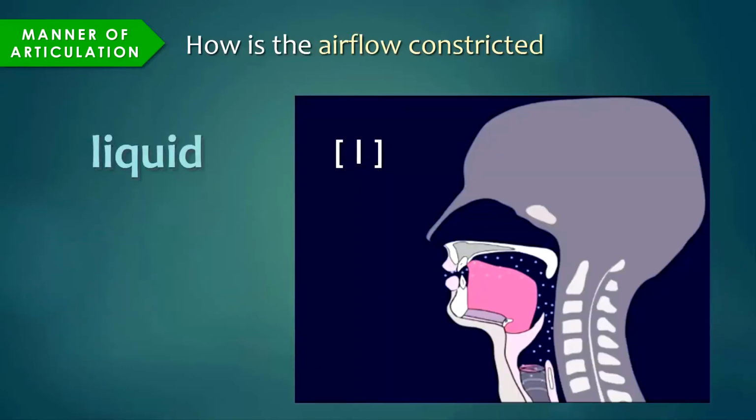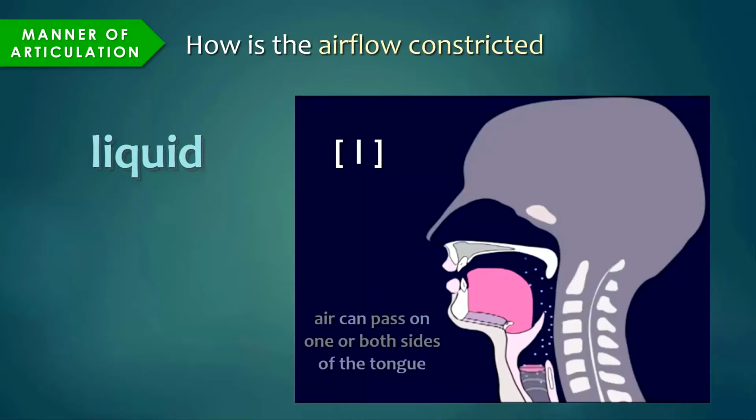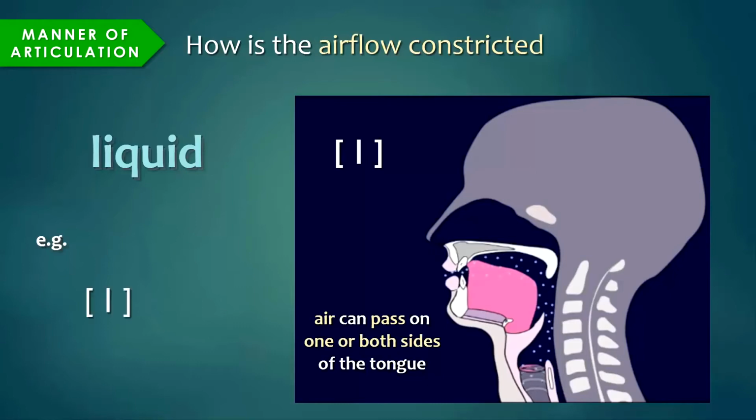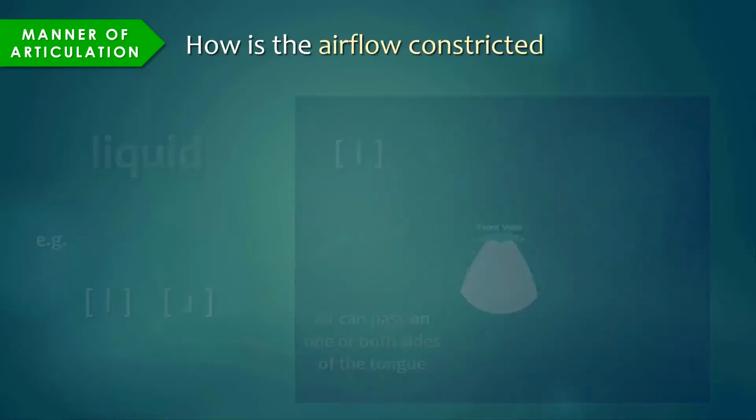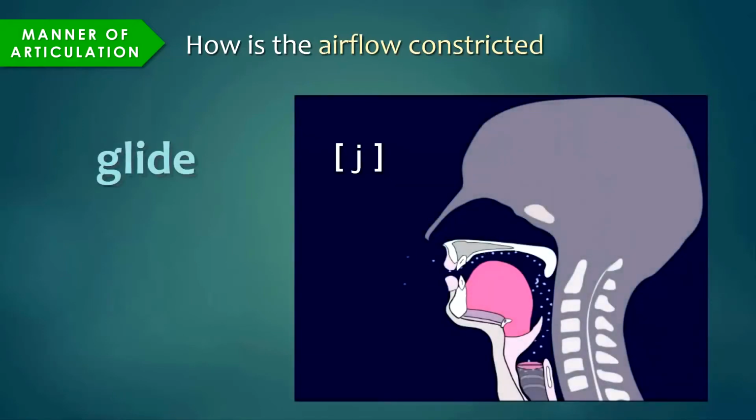Liquid sounds are produced by allowing air to pass by one or both sides of the tongue, and the tongue itself can move a lot to shape the sound, such as l. Glide sounds are produced with very little constriction of airflow, so little in fact that they are often referred to as semivowels, such as w, y.